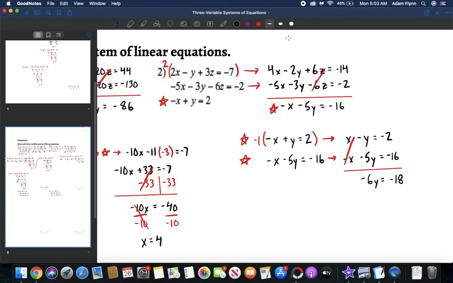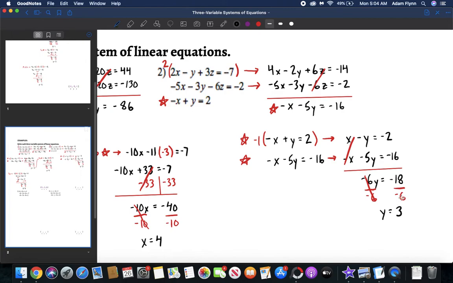So I can divide both sides by negative 6. Negative 6's cancel on the left side. So I am left with y equals negative 18 divided by negative 6, which is a positive 3.